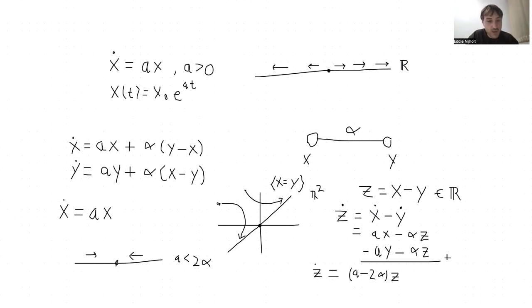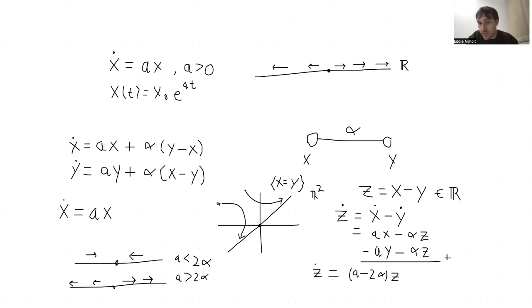But of course, if we picked alpha such that A is still bigger than 2 alpha, so if alpha was instead smaller than A over 2, then the difference between the two nodes would also blow up in general. It would stay the same if the difference was exactly zero, but other than that, any difference between the two nodes would also explode.